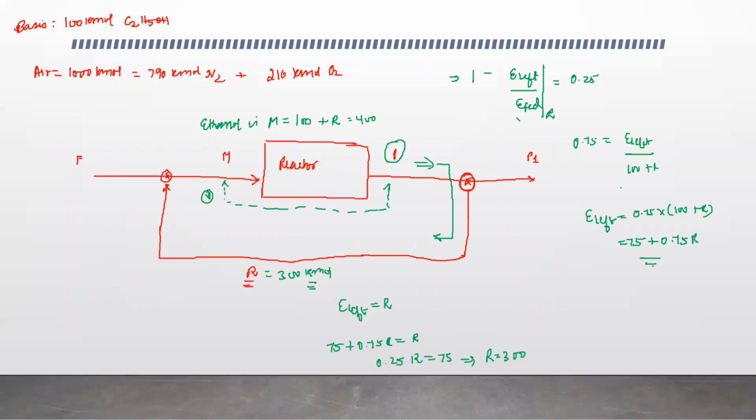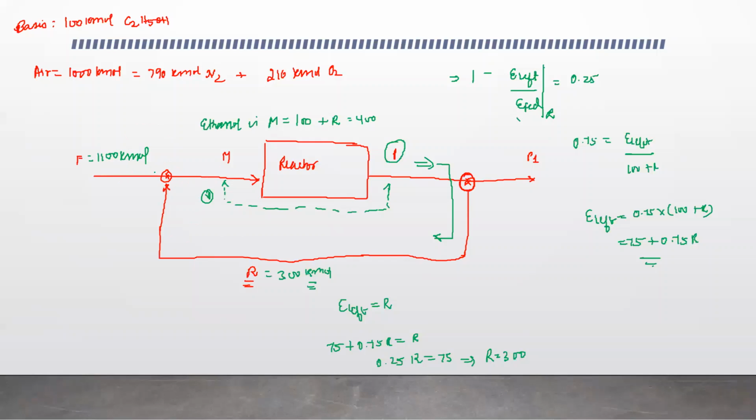So hope you could get what we did over here. We first of all took our basis as 100 kilomole of ethanol, and since 10:1 was the air to ethanol ratio in the feed, we have 1000 kilomole of air. So feed altogether is 1000 plus 100, that is 1100 kilomole. All right, that is your feed.